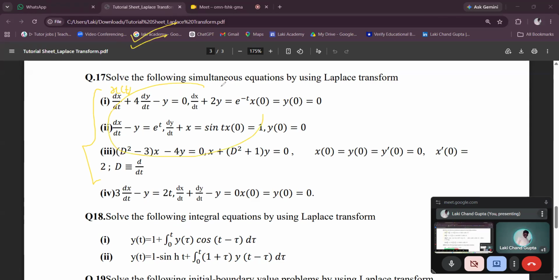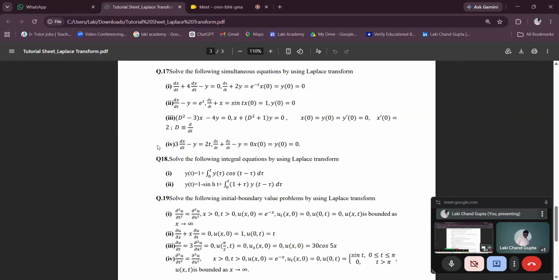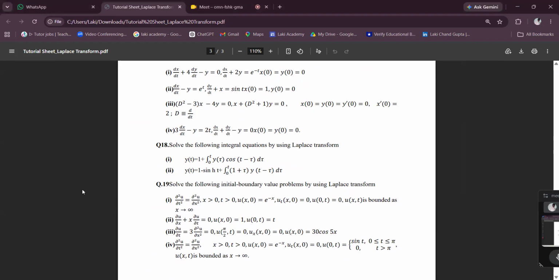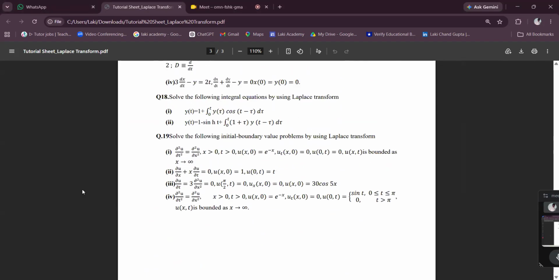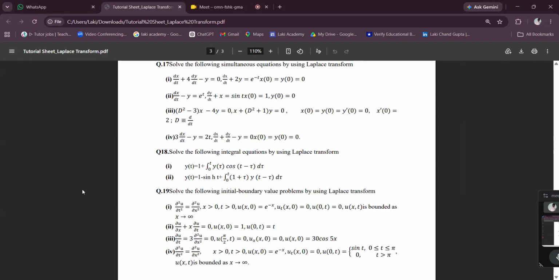In 17, there are two variables, right? So you tell me which question should I solve? Okay, I tell you 1, 2. Then you can confirm for 3 and 4. Okay? 17, 18, 19. So many questions solved.